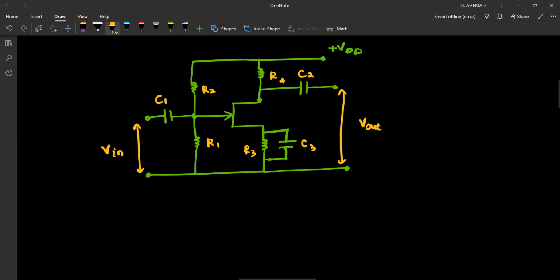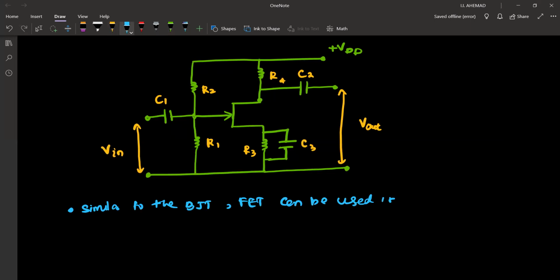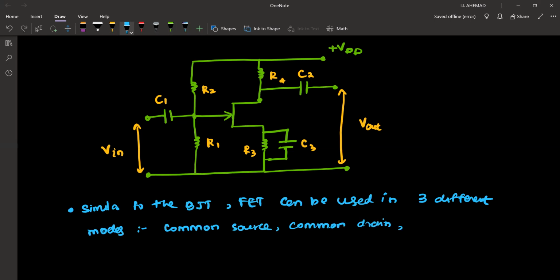Just like the BJT, the FET can be used in three different configurations or modes: common source, common drain, or common gate.